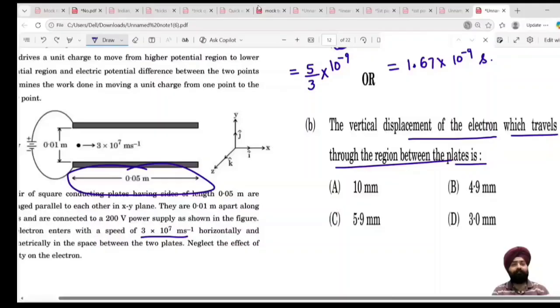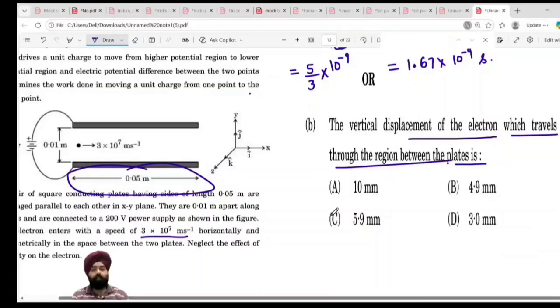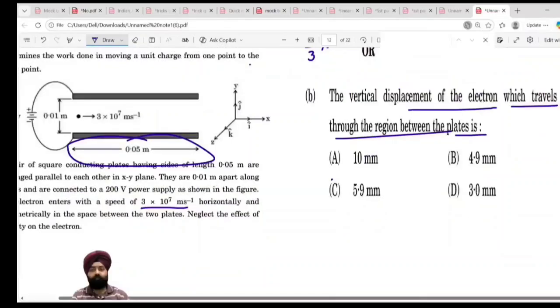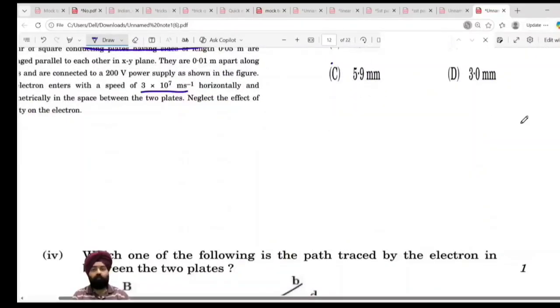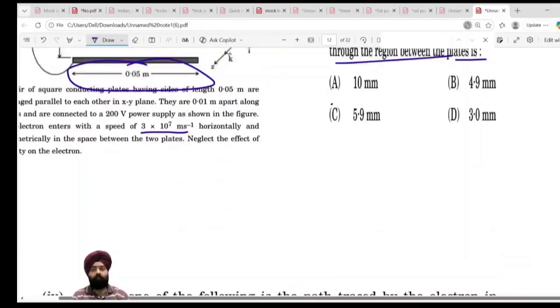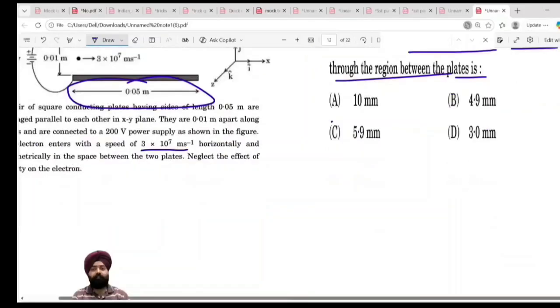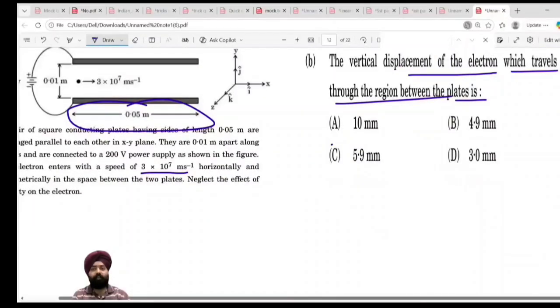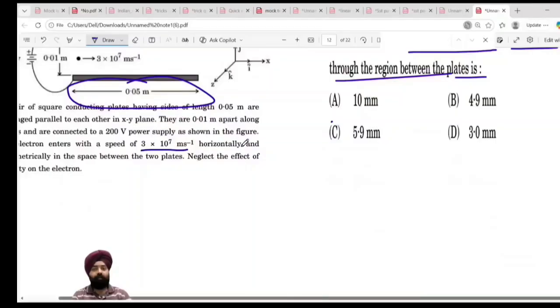नाउ द बी पार्ट. सी द बी पार्ट नाउ. We have to calculate the vertical distance of electron that travels through the region between the plates, है ना?